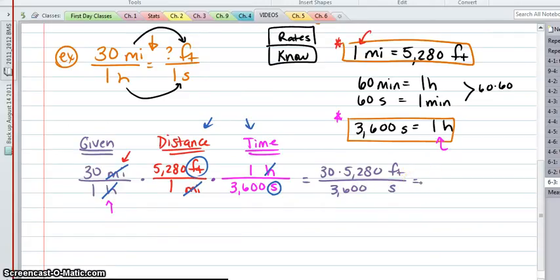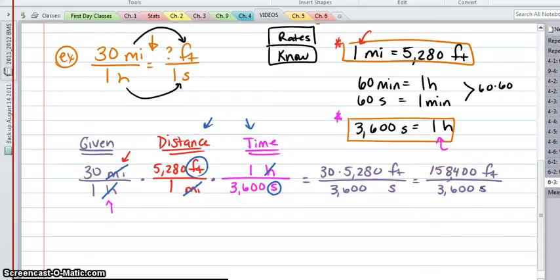We need to go ahead and do this calculation, so here's where you are allowed to use a calculator. You could simplify first, absolutely, cross off a 0 to make the math easier if you'd like to. But using a calculator, we will get 158,400 feet per 3,600 seconds.